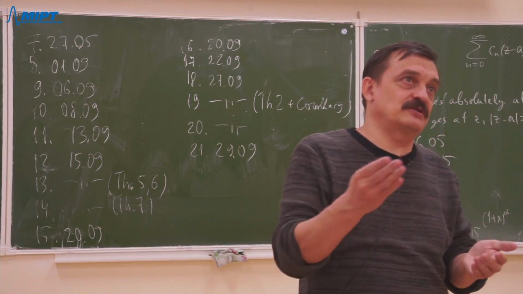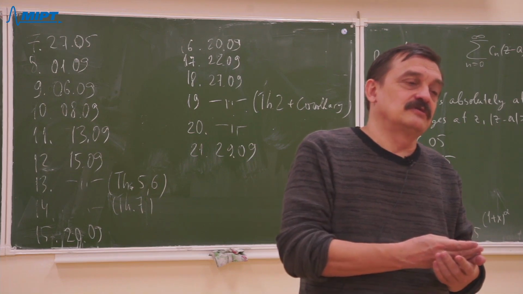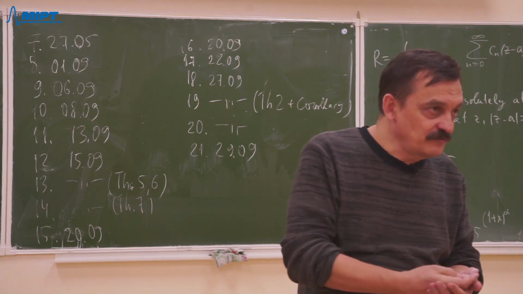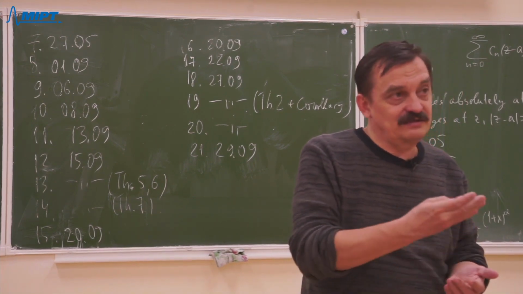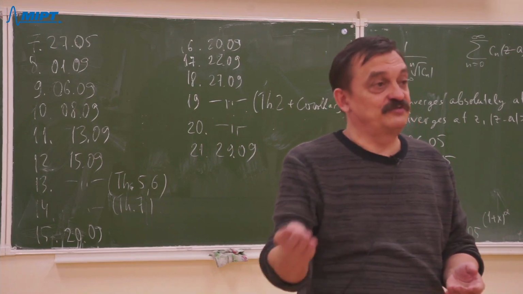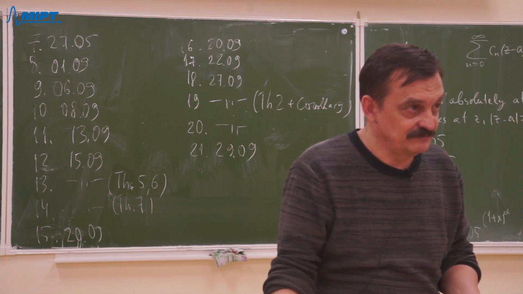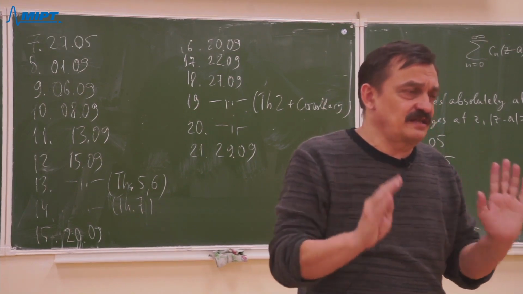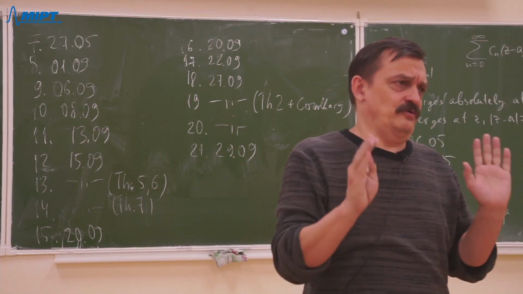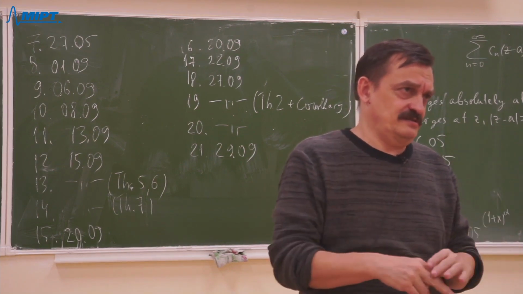So if we are talking about smooth curves, then this change of variables should be differentiable. The derivative is never zero, right? And it's enough to know only about those two particular cases.